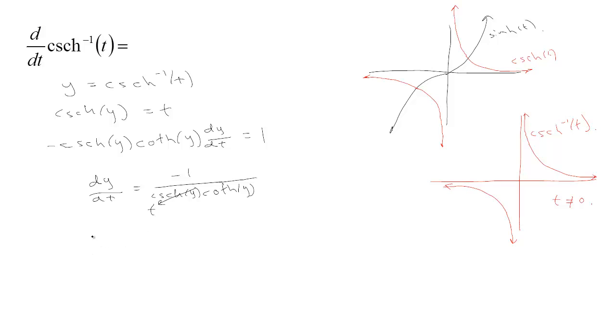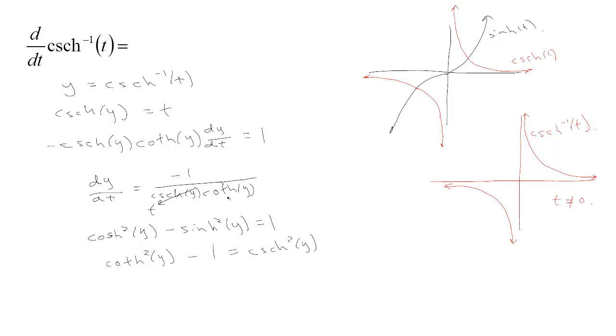So if we take our usual cosh squared y minus sinh squared y equals 1, and we divide both sides by the sinh squared, we'll get an identity that has the cotangent and the cosecant. So cosh squared divided by sinh squared would be cotangent squared. Sinh squared divided by sinh squared would be 1. And 1 over the sinh squared is the cosecant squared. So we get cosecant squared y here.